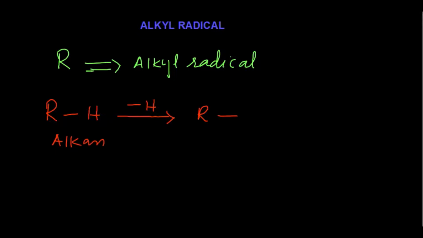After the loss of one hydrogen, alkane changes to alkyl. Ane is replaced with yl. So in this way, alkyl groups are named by replacing the ane of alkane with yl. We will see different examples to understand this concept.